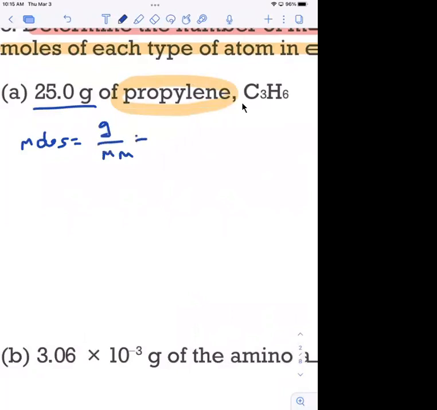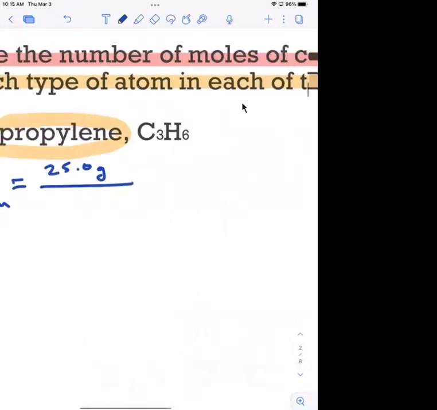So we can put in 25 grams divided by the molar mass of propylene, which is 3 carbons, that's 36, plus 6 hydrogens, plus 6. We're just going to round those numbers to do a quick calculation. So it's 42 grams per mole. So we're going to put this down here. 42 grams per mole. All right.